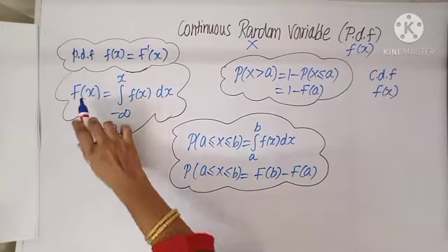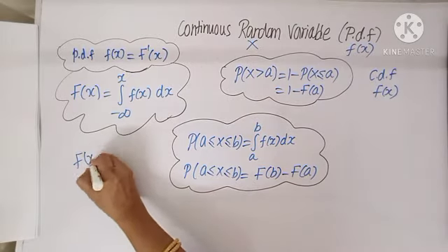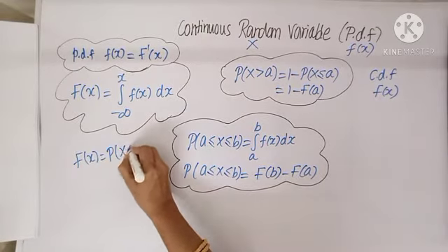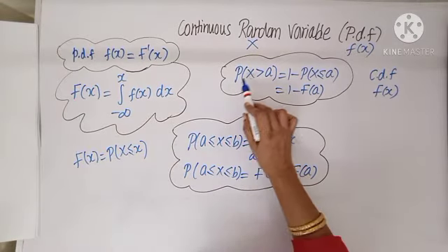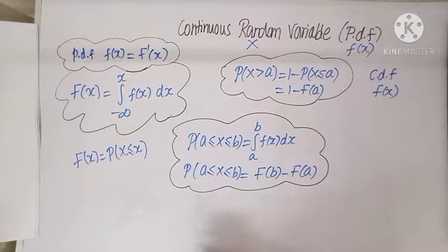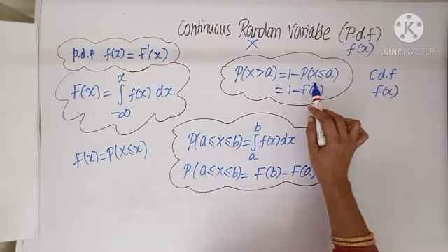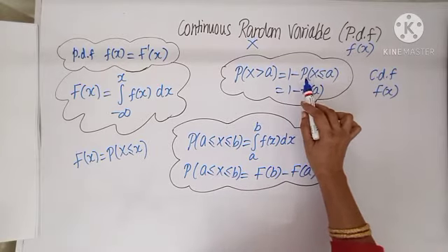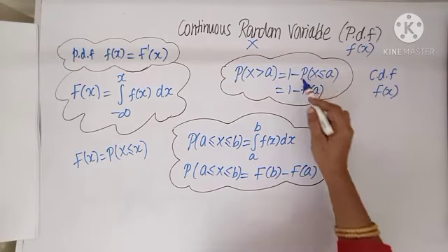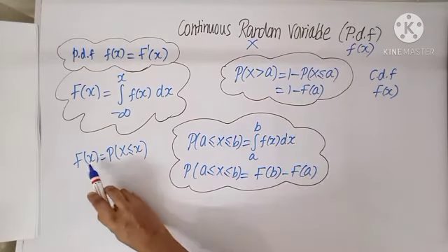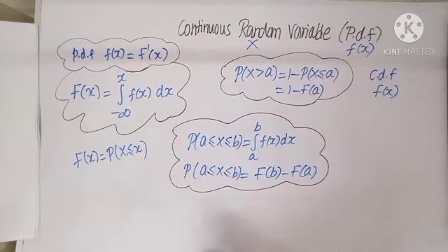What is capital F of x? Capital F of x is P of X less than or equal to x. So, if I want the probability of X more than a, I can rewrite it as 1 minus the probability of X less than or equal to a, and this is nothing but 1 minus F of a.